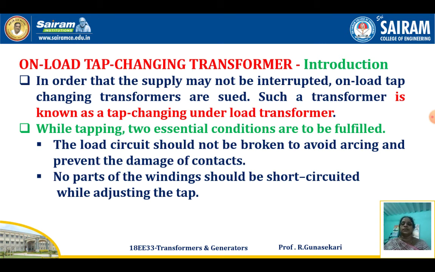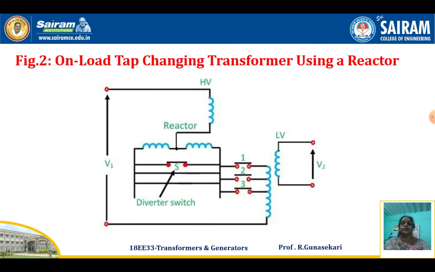The first condition is the load circuit should not be broken, to avoid arcing and prevent damage to contacts. The second is that no part of the winding should be short circuited while adjusting the tap. These two conditions are essential during tapping in transformers.